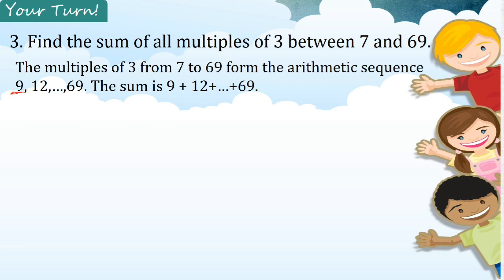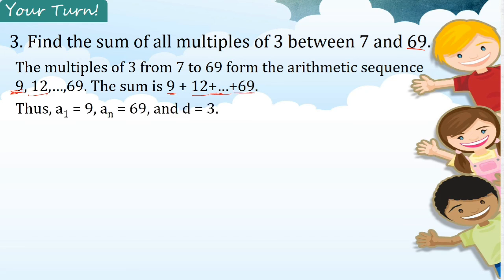So, start at 9 and then 12. Then, the last term is 69 since 69 is a multiple of 3. So, we're going to find the sum 9 plus 12 plus the terms here and plus the last term 69.